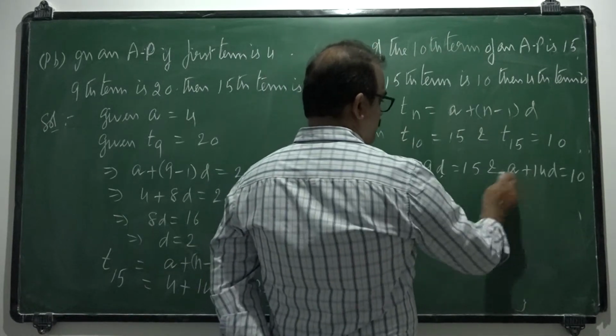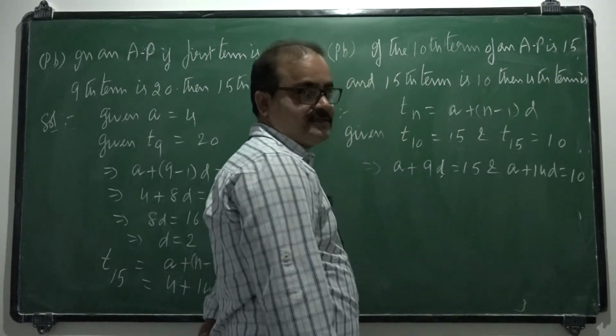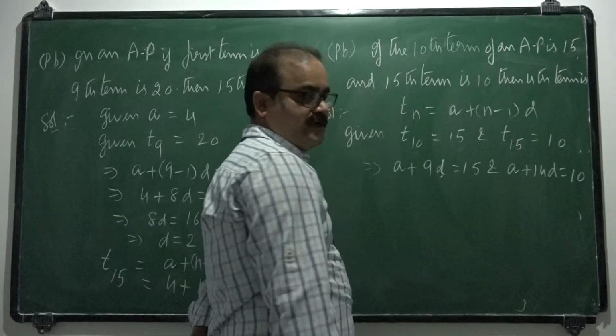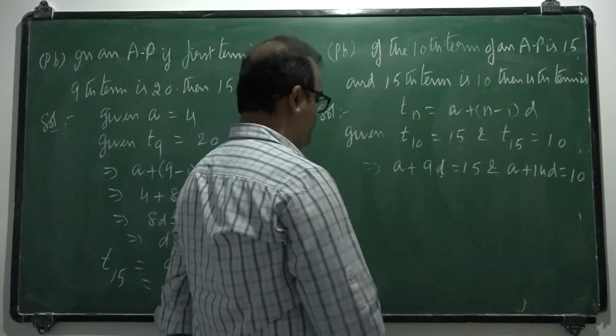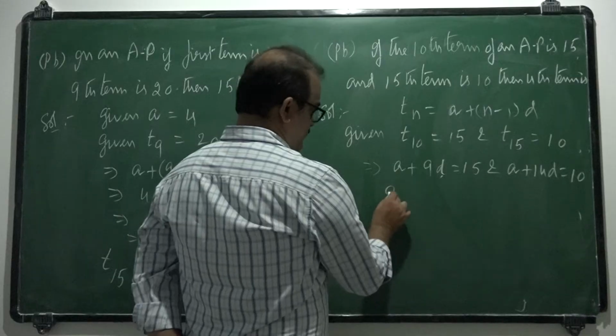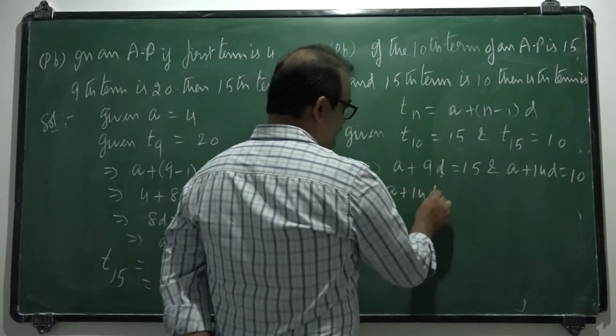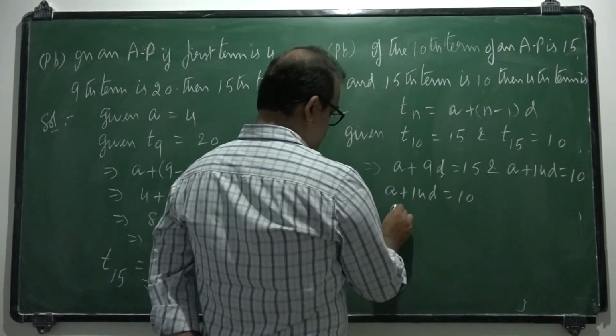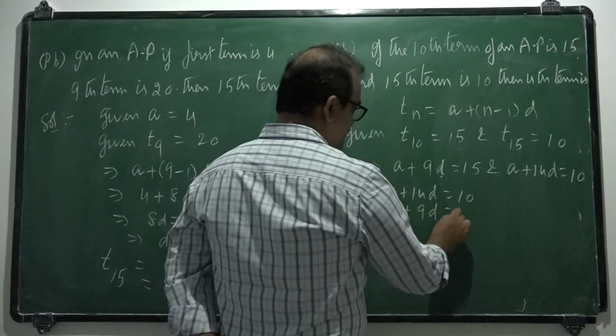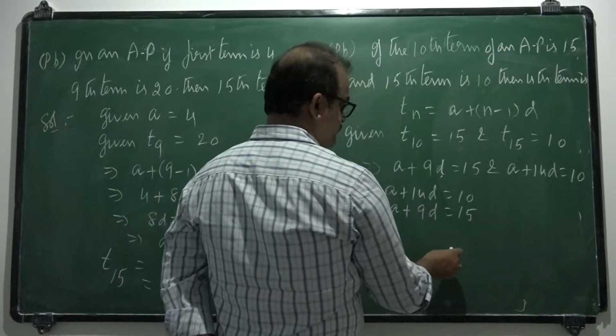Now, solving these two equations, find the values of A and D. A plus 14D is equal to 10 and A plus 9D is equal to 15.